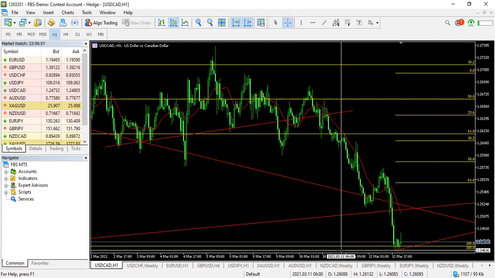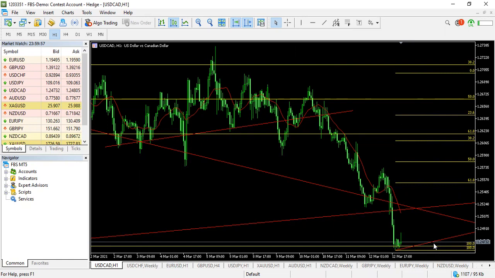If this pair does not break this zone, and if you've watched the previous videos, you'd realize that if I have a pair on the 100 and 100, which is the weekly Fibonacci and the monthly Fibonacci retracement, the pair obviously reacts to that zone. So this is a very strong key level, and coincidentally it's also our pivot point. That means there's a 99% chance that the USD CAD will start bouncing or going up from this zone.